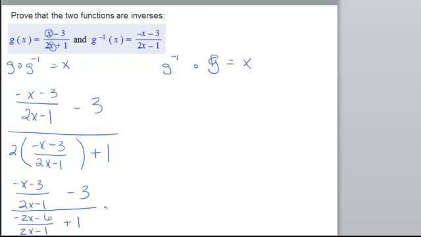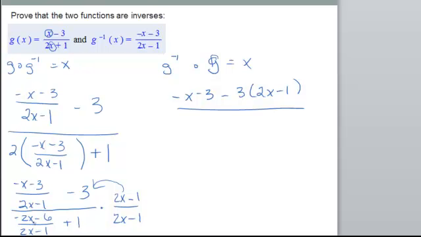Now, if you remember, to simplify a complex fraction, what you want to do is multiply them by the common denominator. In this case, it's going to be 2x minus 1. So, if I multiply this by the first fraction, I get negative x minus 3. Multiply this by the next one, I get minus 3 times all that. Here, multiply by the first fraction, I just get negative 2x minus 6.